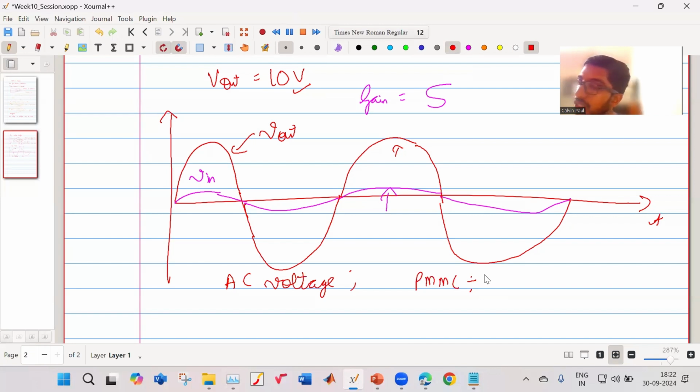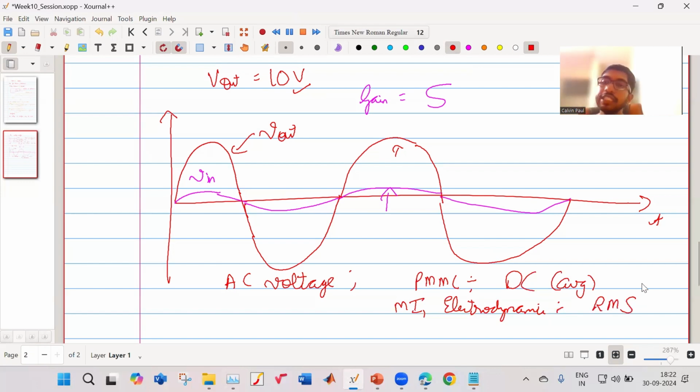Yes, a PMMC instrument can only measure DC, so it is measuring the average value. But your moving iron and your electrodynamic instruments will measure RMS, because it is the square of the current. So the average of the square is your RMS value. So that's the thing.